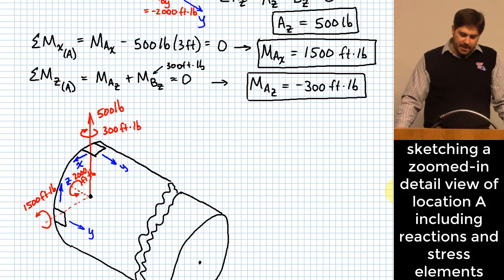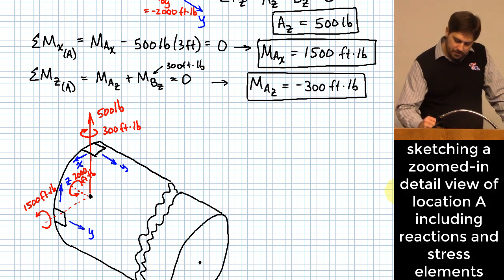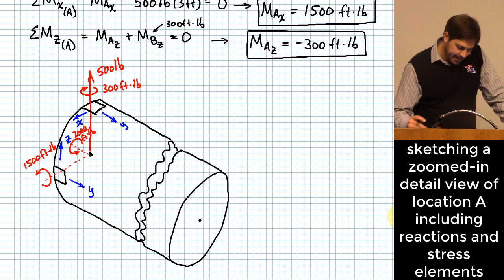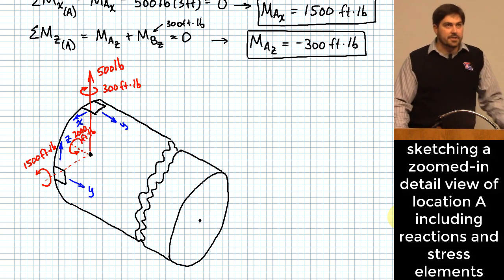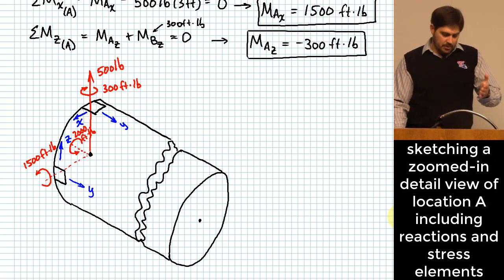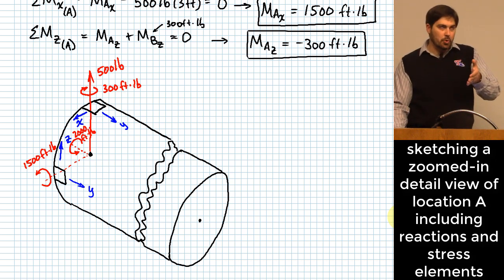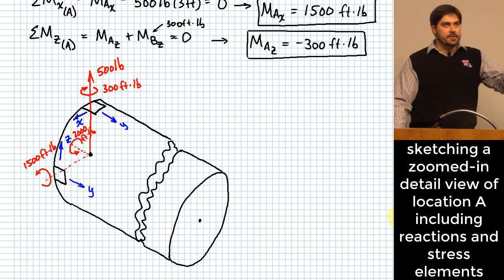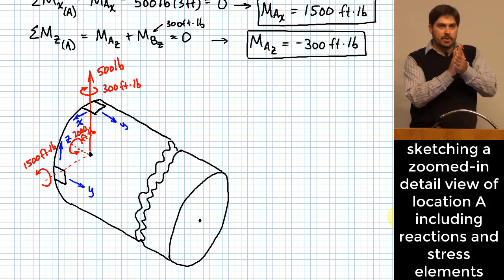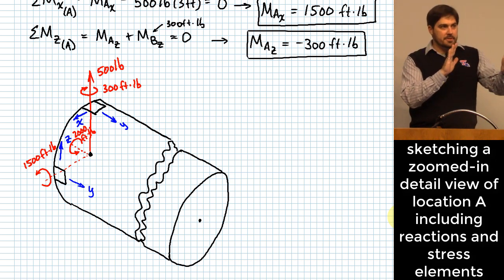Okay, and one of the reasons I show all this stuff is I want to show you this idea that all of these reactions that I just showed you at A, we're presuming that those are just ever so slightly toward the wall relative to where the patches are. Okay, so they're like behind the patches.